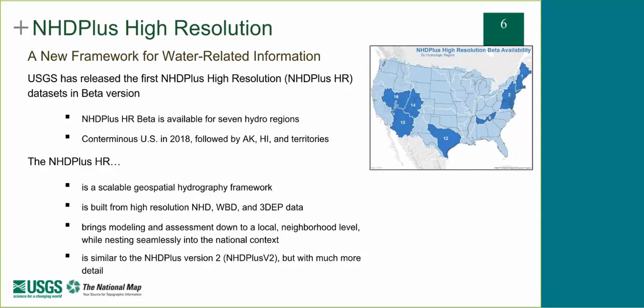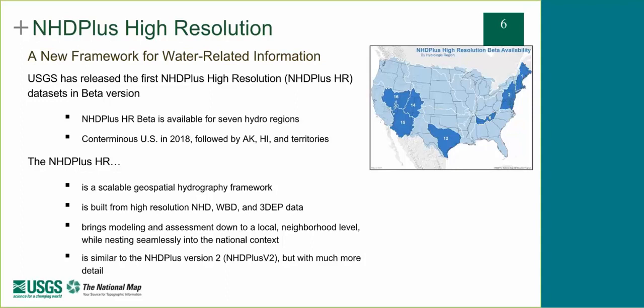What NHDPlus High Resolution is basically a scalable geospatial hydrography framework. It is built from the High Resolution NHD, also the Watershed Boundary Dataset, and the 3DEP elevation data.